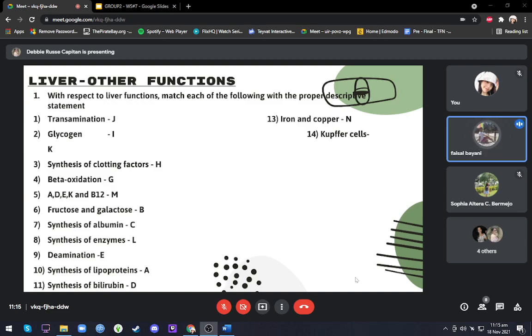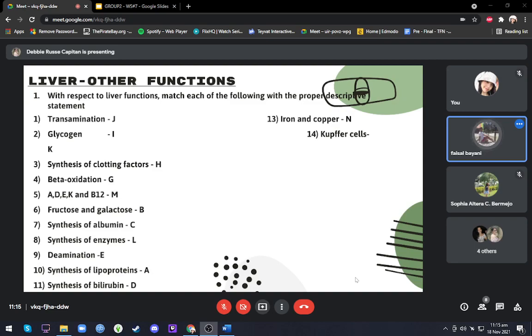Our answer is I, K. And number 3, synthesis of clotting factors, H. Number 4, beta oxidation, letter G. Number 5, A, D, E, K, and B12. Our answer is M. Number 6, fructose and galactose, B. 7, synthesis of albumin, C.